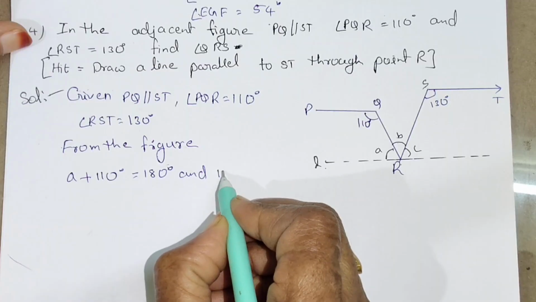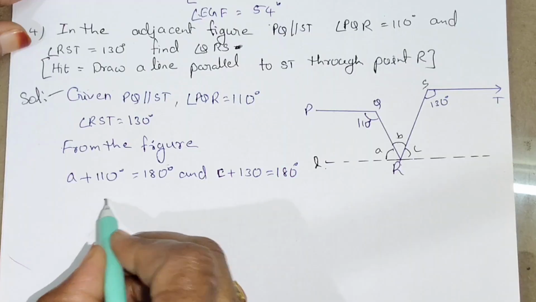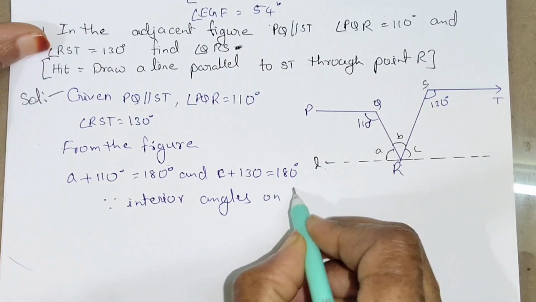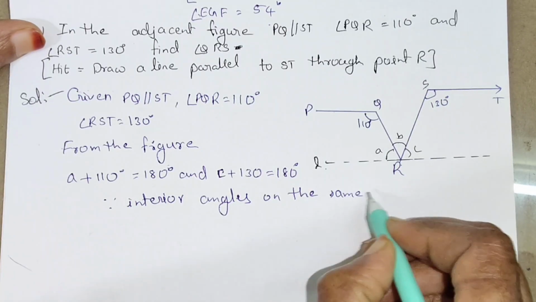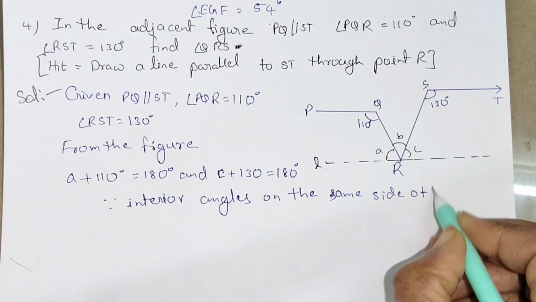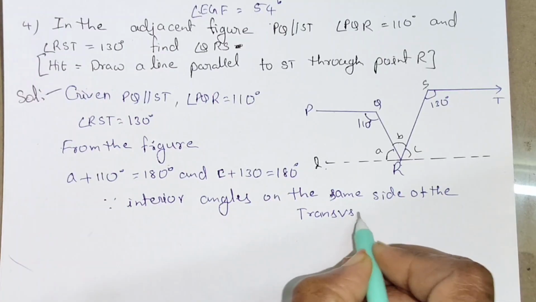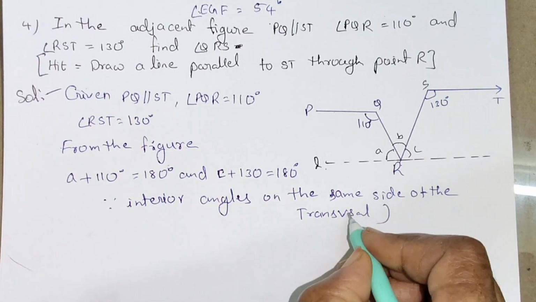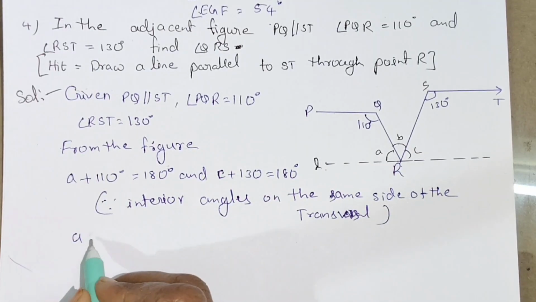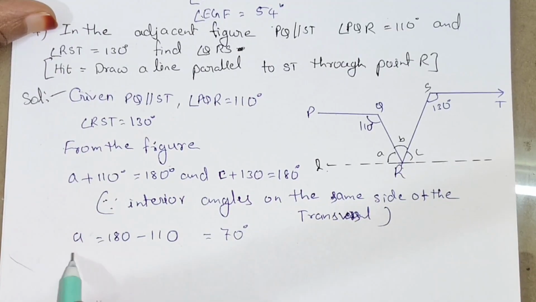So A equals 180 minus 110, so A equals 70 degrees.